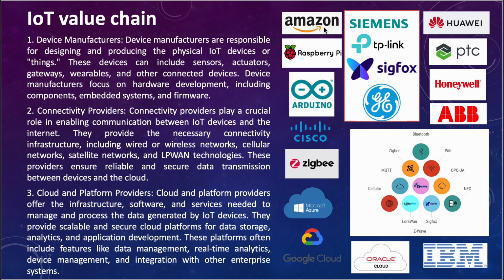So you can type in their names and IoT, then you will be directed to their specific IoT products themselves, right? But these are just examples, and keep in mind it's not limited to these companies.